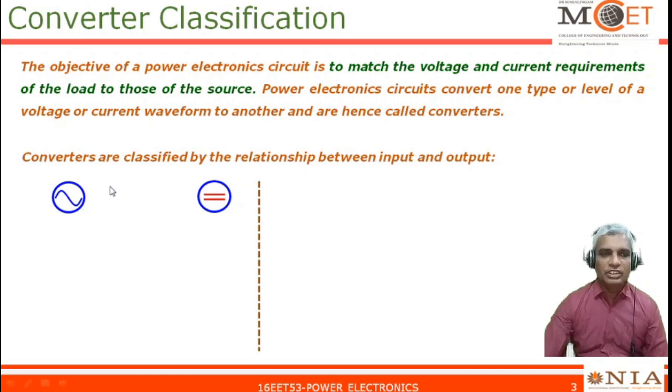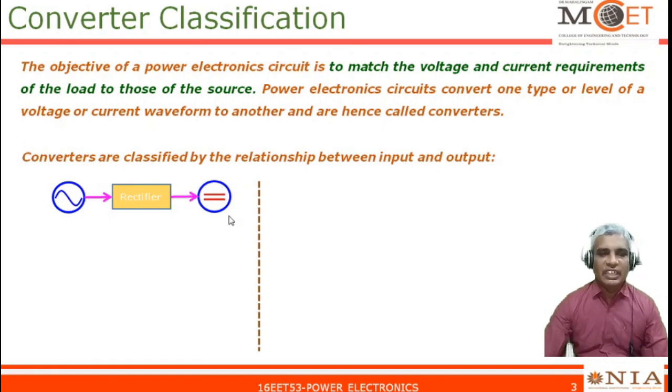So I should have some sort of a power electronic converter between the source and the load, so that the mismatch between the voltage and current requirements of the source and load can be easily addressed. So I require a power electronic converter between these two to act as an interface. And here, since the source is AC and load is DC, I require a rectifier which is capable of converting AC into DC and feed it to the load.